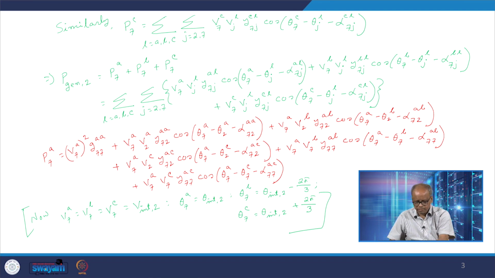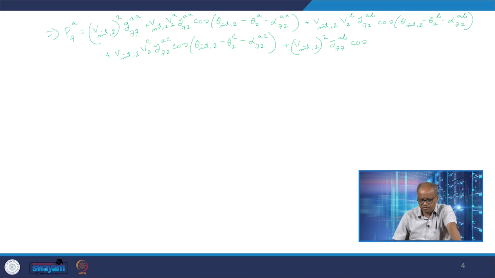Theta 7A minus theta 7B would be 2 pi by 3. So it is cosine of 2 pi by 3 minus alpha 77AB.